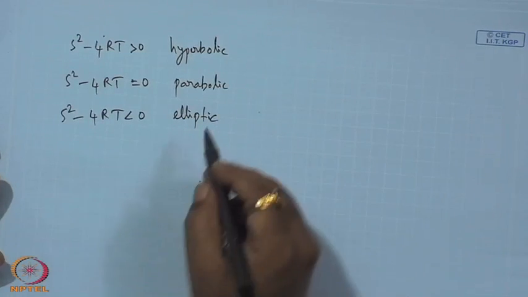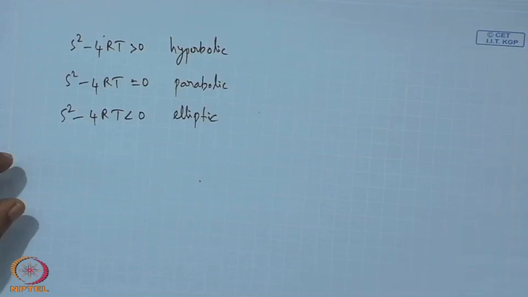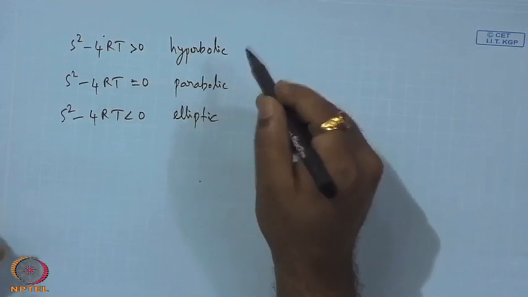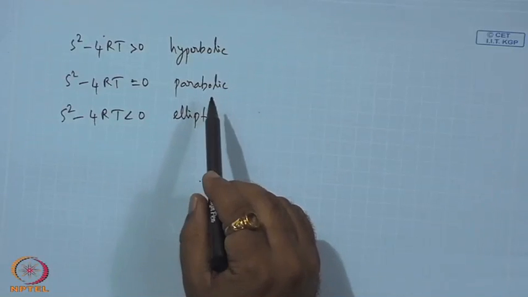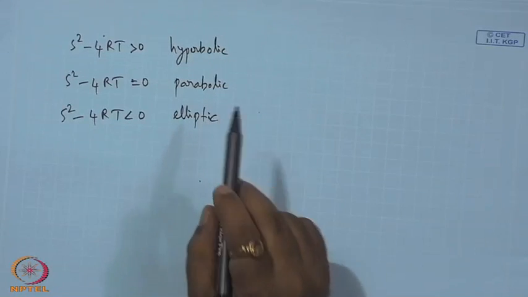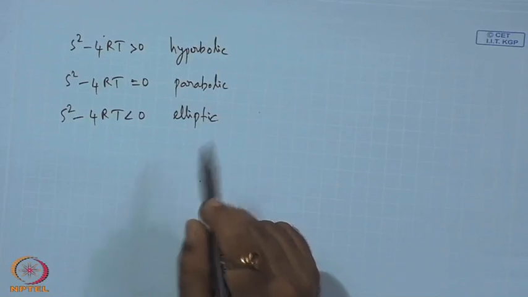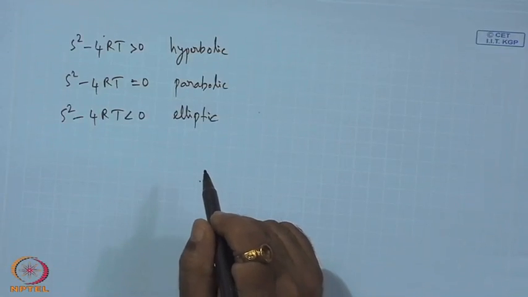Elliptic. So, that is because when the transformed equation in the new variables almost represents a conic. So, these words are derived keeping the transformed equation in terms of a conic.